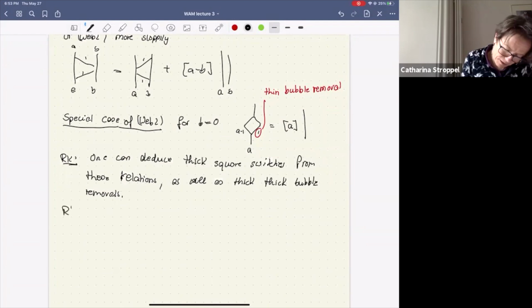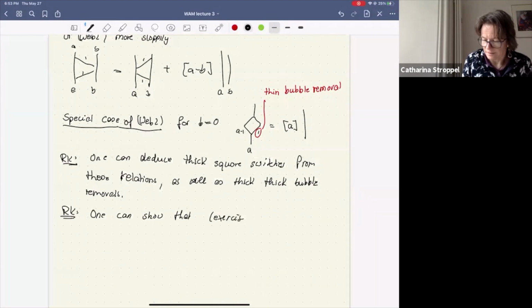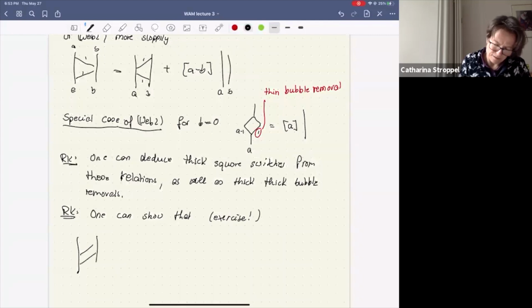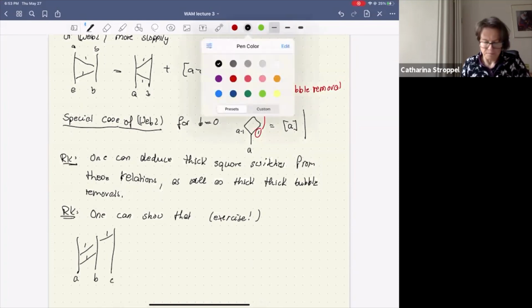And another remark I want to make, one can show the following relation. And I leave this as an exercise. So in the sloppy notation, I start with A here and B on the other side, and I branch off a little 1 twice, and then afterwards I branch off a little 1 here.